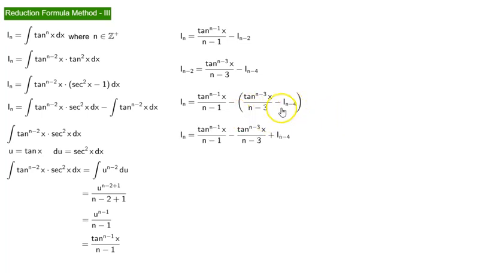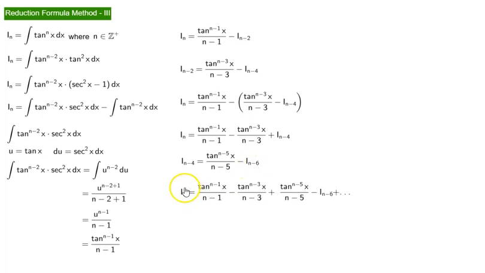Now, opening up the bracket, we get tan to the power of n minus 1 x by n minus 1 minus tan to the power of n minus 3 x by n minus 3 plus I sub n minus 4. I sub n minus 4 is equal to tan to the power of n minus 5 x by n minus 5 minus I sub n minus 6. So I sub n becomes this expression.